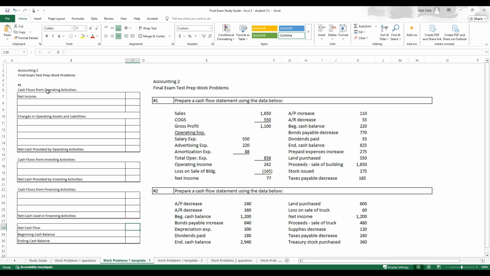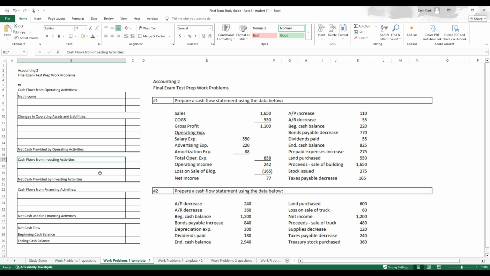So starting out, cash flows from, remember we have three different categories. There's operating activities, investing, financing. So remember, anything that goes in financing is going to be anything related to paying or incurring debt, or anything related to equity like stock issuances or dividends.